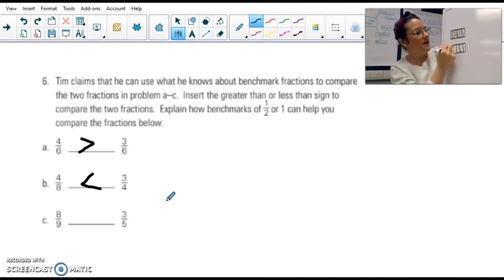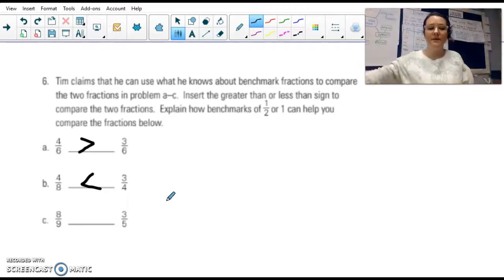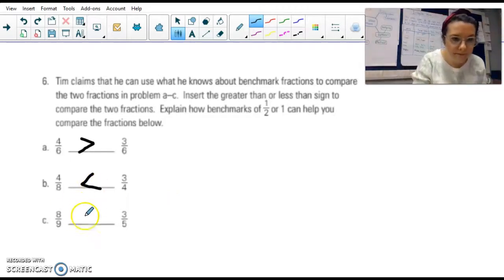All right, so if I have 3/5 of a brownie, but then 8/9, I only need that last little piece, that 9th, to make one whole. But on the fifths, I would need 2/5 to make one whole. So 8/9 is greater than 3/5.